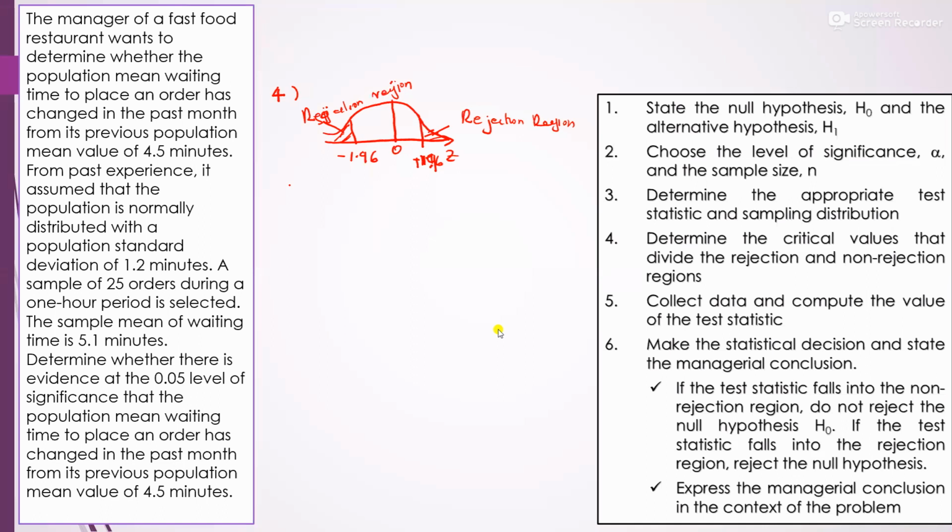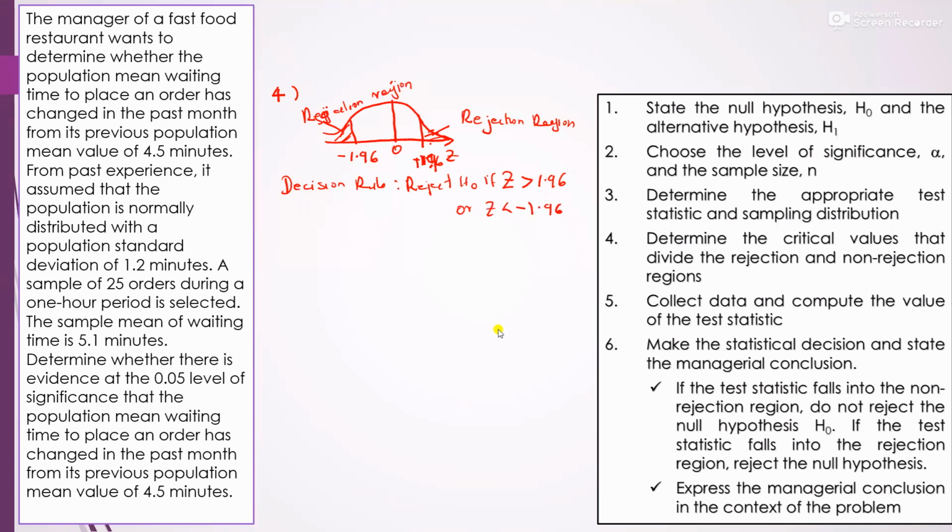Decision rule or decision criteria: reject H naught if your test statistic is greater than 1.96 or less than minus 1.96.